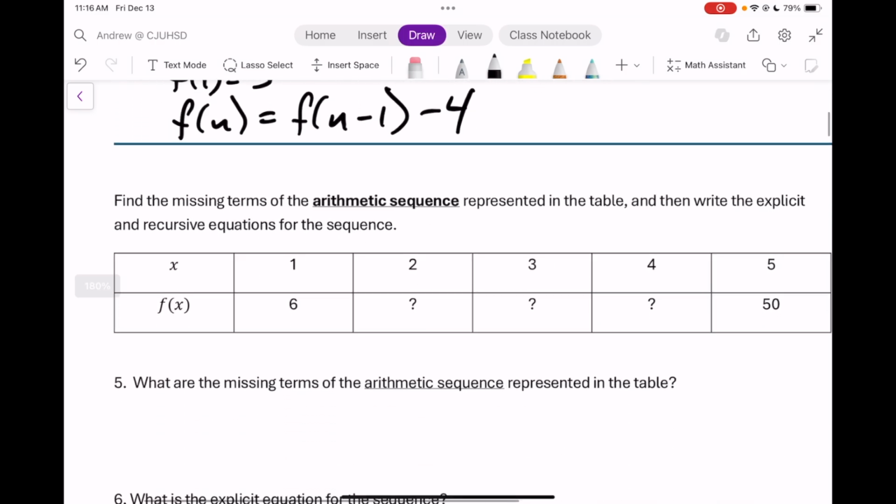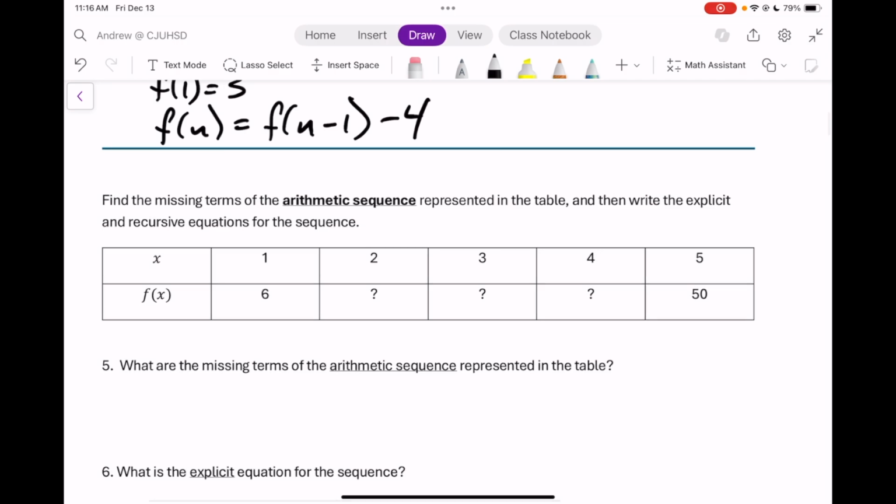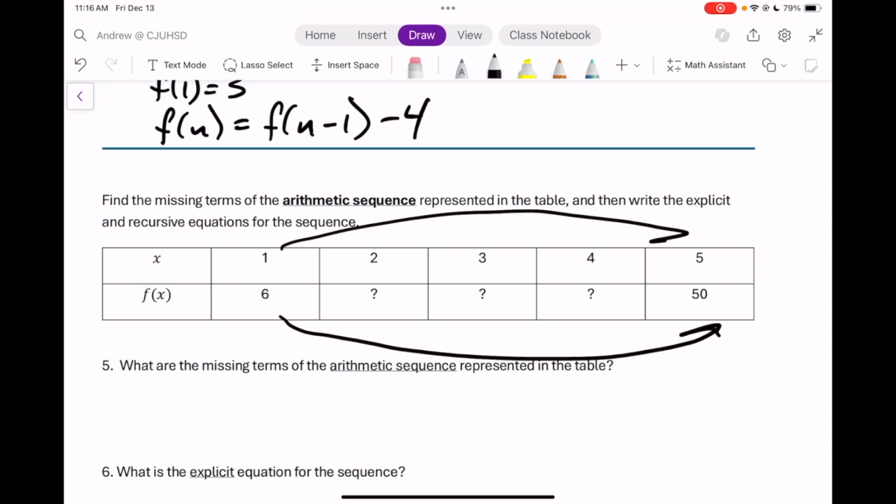Find the missing terms of the arithmetic sequence represented in the table and write the explicit and recursive equations. So the missing term is basically how far is this as one big jump, and then we're going to divide it up.